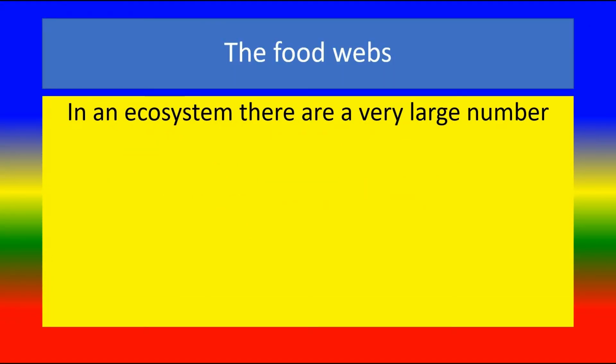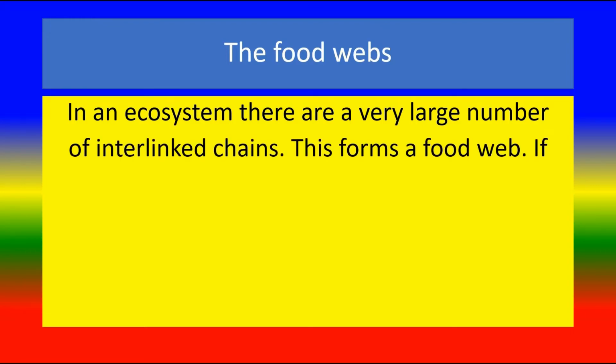The food webs. In an ecosystem, there are a very large number of interlinking chains. This forms a food web.